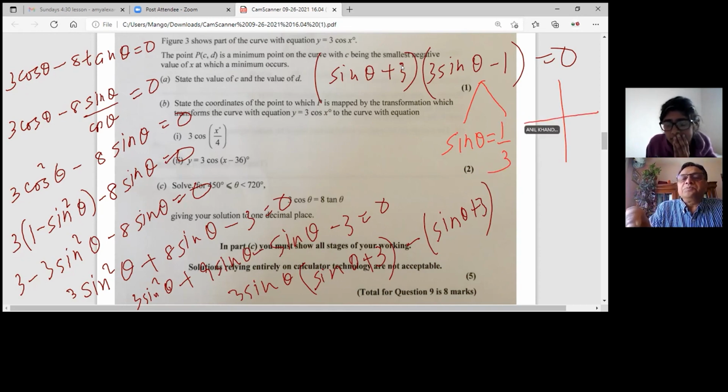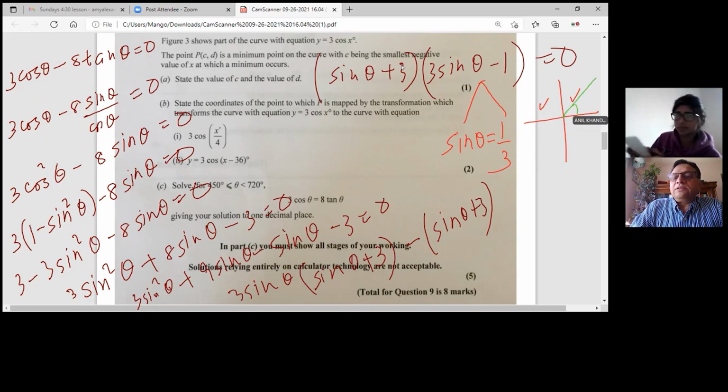Now sine theta is 1/3. Using the CAST rule, we get two solutions, in quadrant 1 and in quadrant 2. So basically, we'll find the related acute angle. Let's call this alpha. Normally, books will write beta.